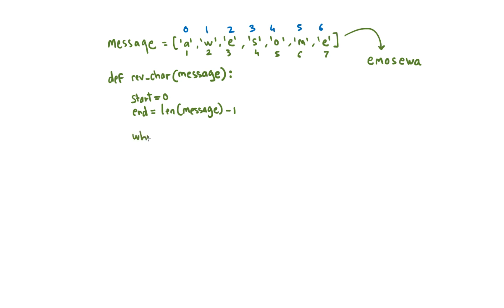Next, we will use a while loop to repeat the piece of code that we will write here. Okay, so while start is less than end, we will execute this piece of code which we are going to write now.